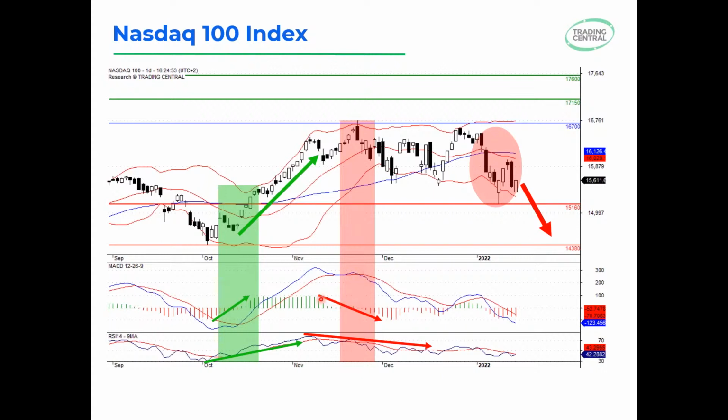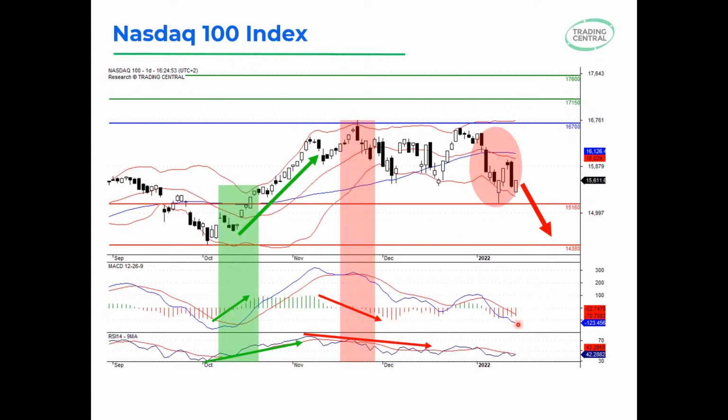Okay, MACD turns from positive to negative, and at the same time you can see that the RSI is backing down. Okay, and then you know you are not going to be aggressive. These are the signals that you are going to use. Okay, is that clear?